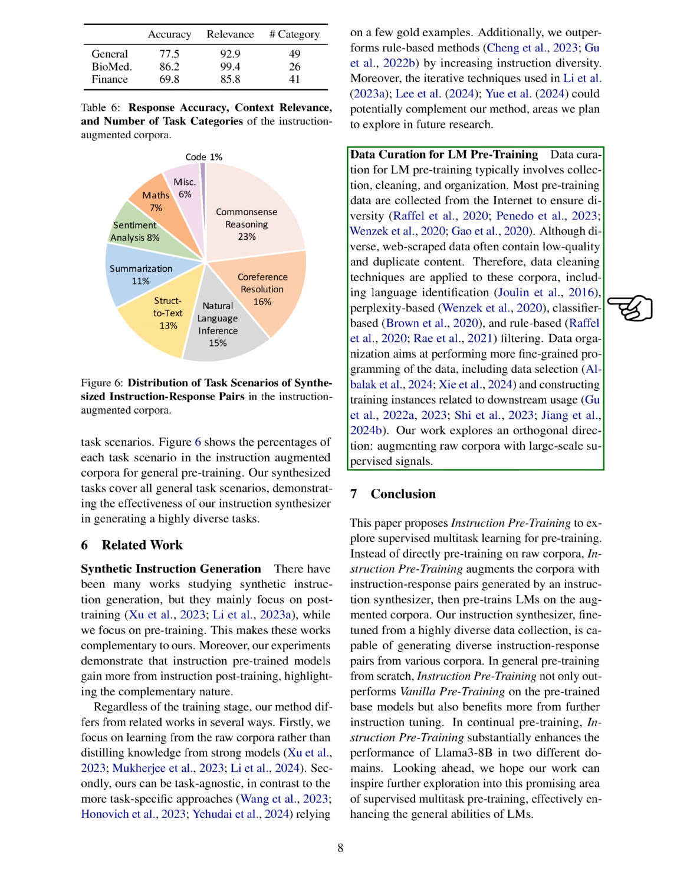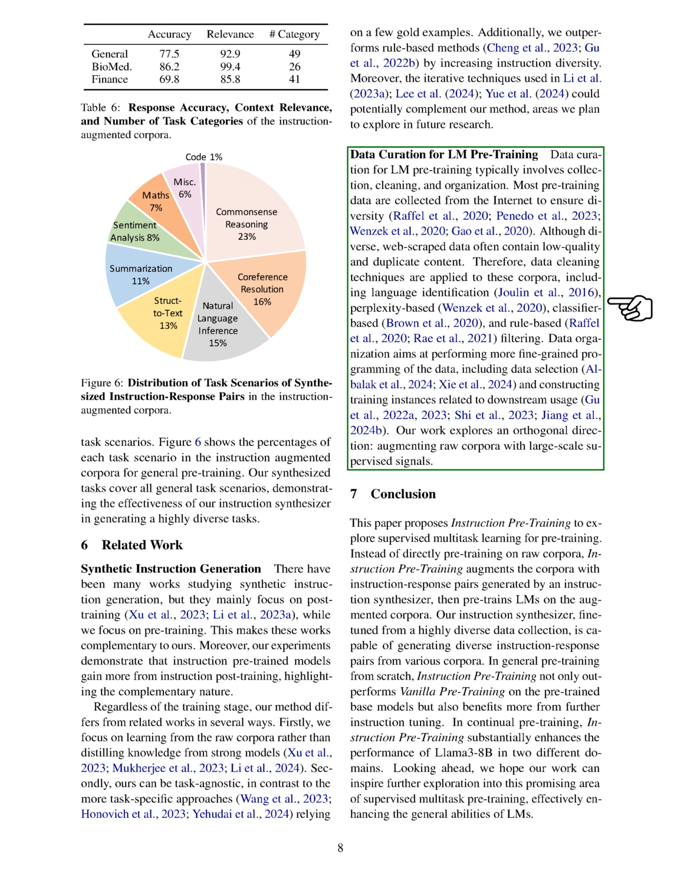When it comes to data curation for LM pre-training, the process typically involves collecting, cleaning, and organizing data. Most pre-training data are gathered from the internet to ensure diversity. However, web-scraped data often contain low-quality and duplicate content, requiring data cleaning techniques such as language identification, perplexity-based filtering, classifier-based filtering, and rule-based filtering.